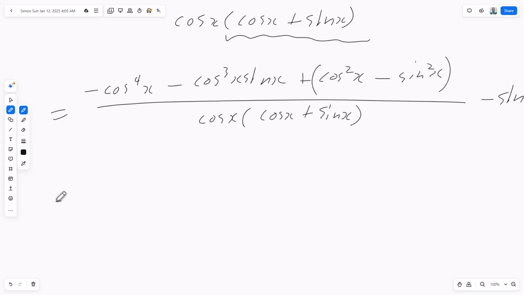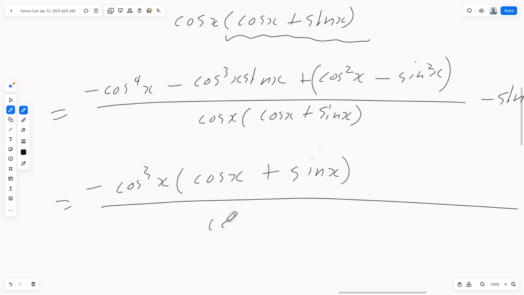So we're going to do minus cosine cubed x, taking it out from these two terms. It's going to be cosine x plus sine x. We have cosine cubed taken out from here, it becomes cosine x, and negative cosine cubed taken out from here, it becomes just sine x. And we have that all over cosine x times cosine x plus sine x.